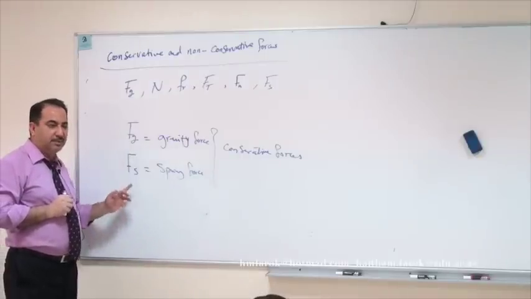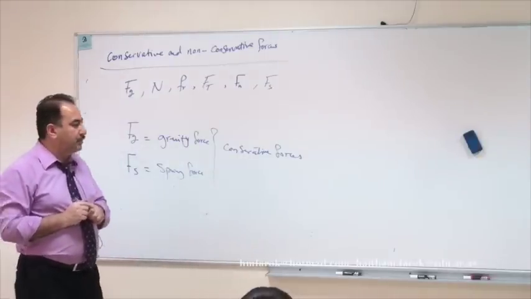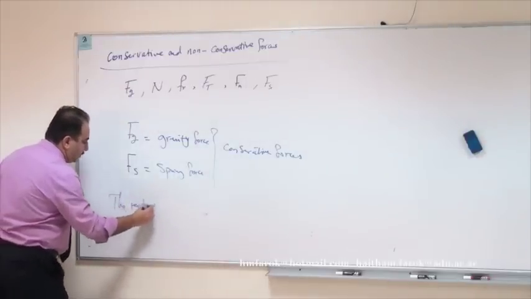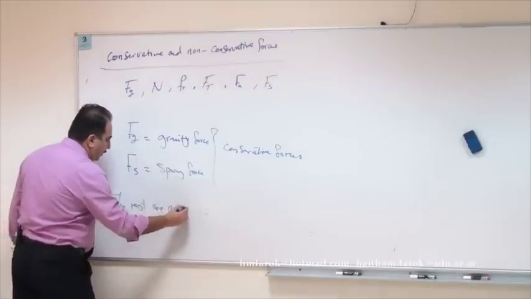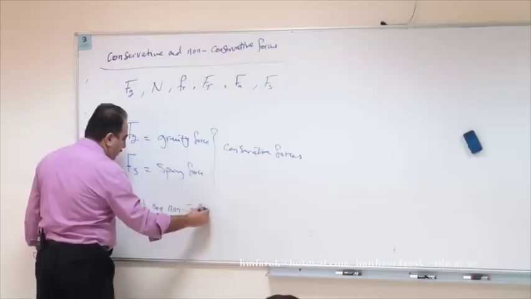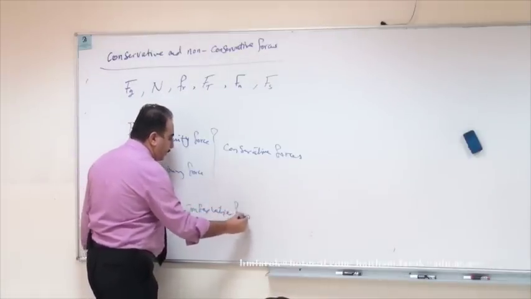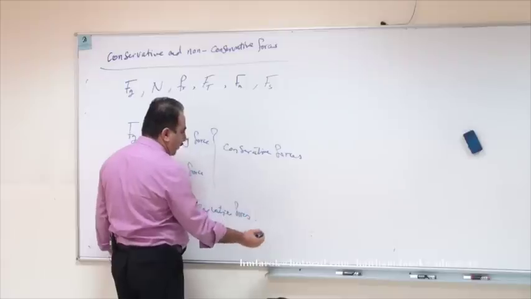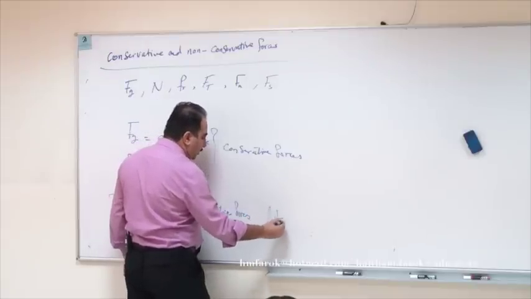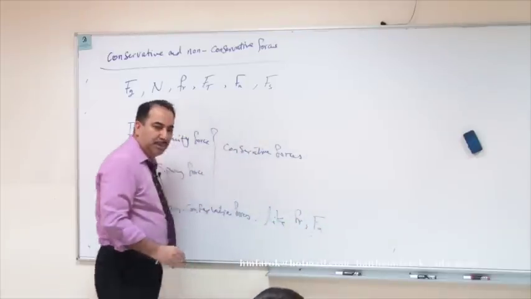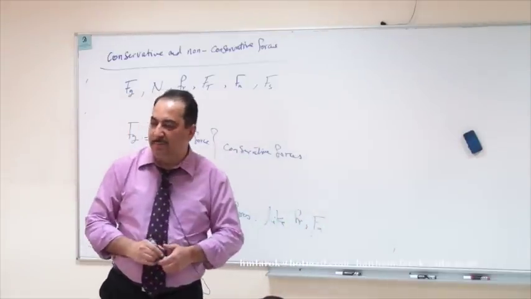Gravity force and spring force are conservative forces. The rest are non-conservative forces. Of course, like friction force and applied forces, yeah? Because we deal with friction force and applied forces a lot.